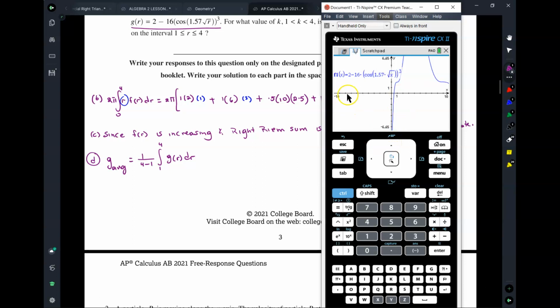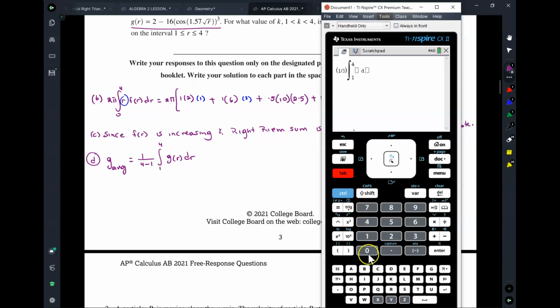So I put that in there. But my integral says, I'm going to go back to the home screen. What I need to find now is 1 over 3 times the integral, using tab, 1 tab, 4 tab.